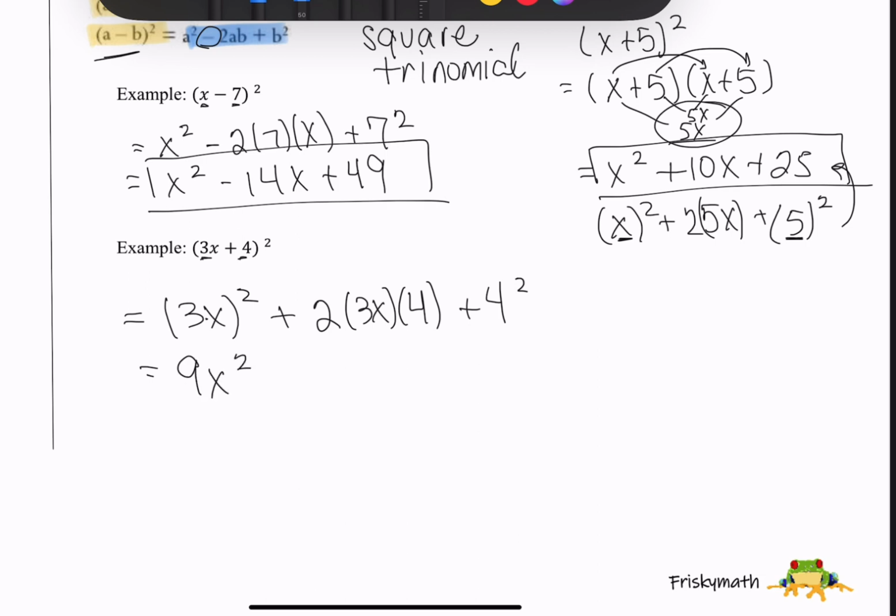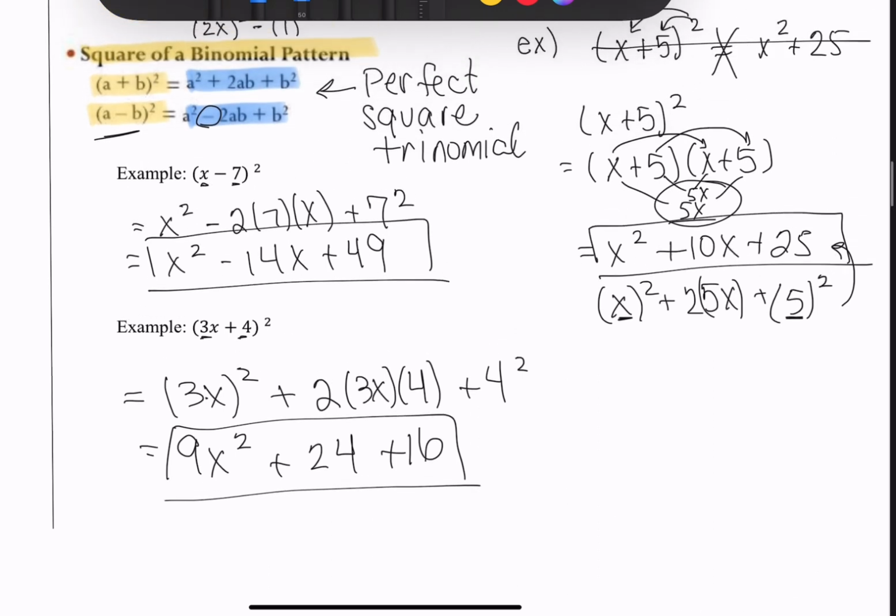If I had double distributed or FOILed this, I would have ended up with 2 of the 3x times 4, which would give us 12x, doubled that's 24x, plus 16. And here you have it, another perfect square trinomial that came from the square of a binomial pattern.